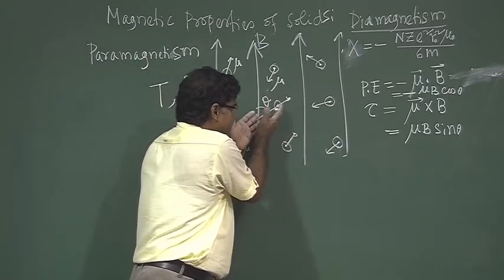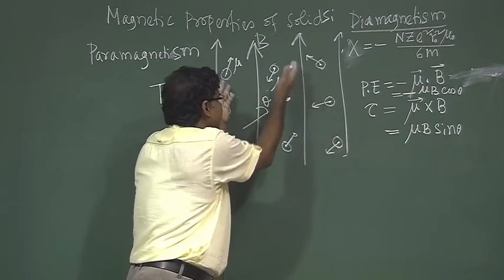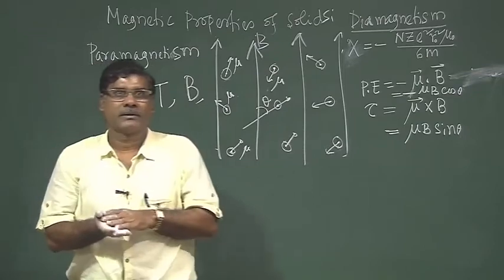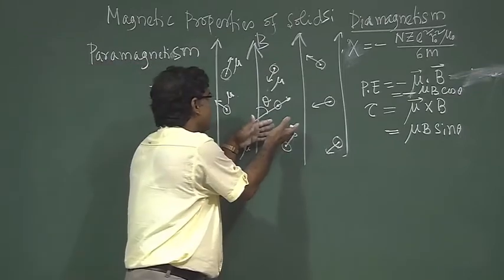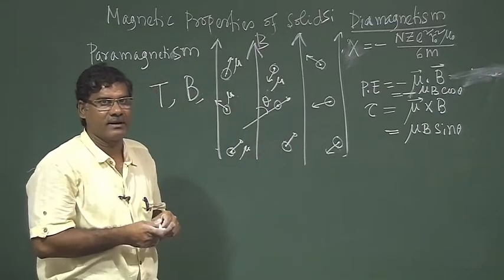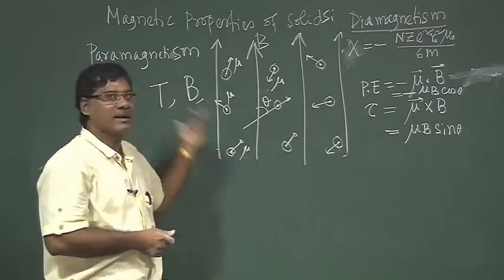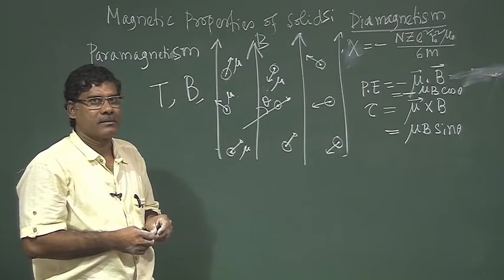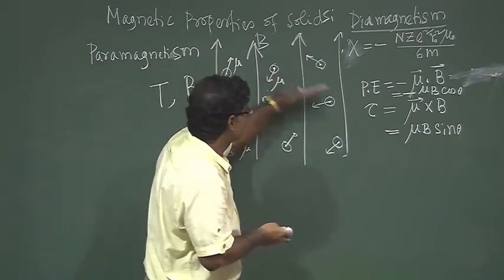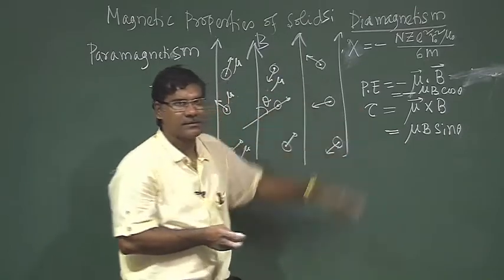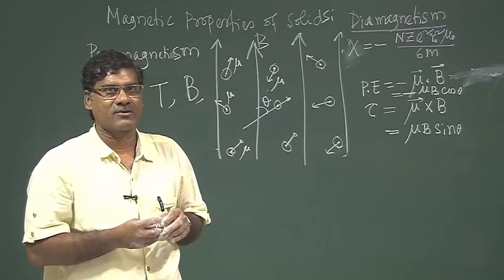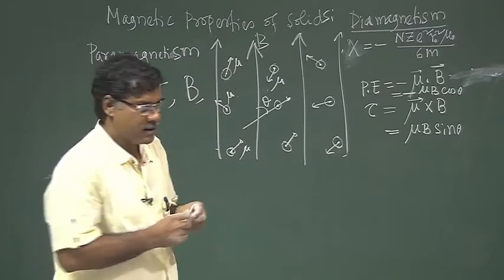So the magnetic field is trying to take all the moments in its own direction, trying to order them along the field, and on the other hand this thermal energy will try to disorder it, okay. That is decided by the Maxwell-Boltzmann statistics.